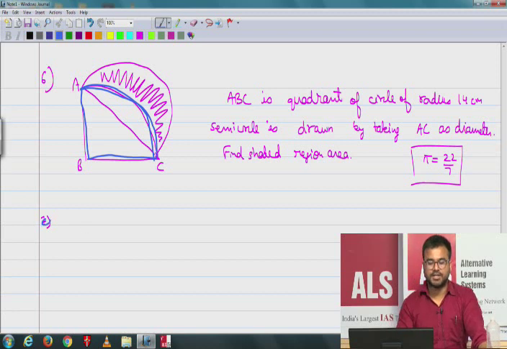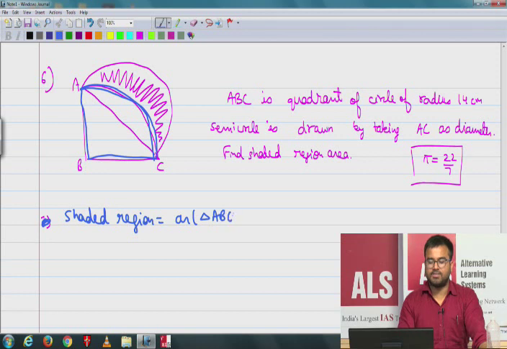So shaded region area is area of triangle ABC, a right angle triangle it is because this is 90 degree, plus area of that semicircle.